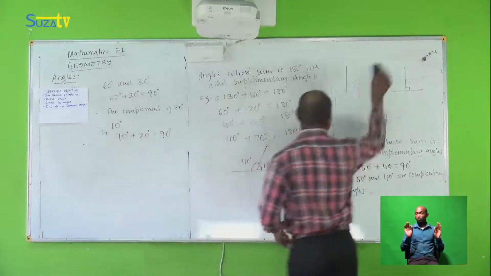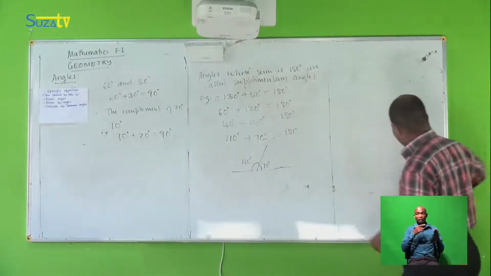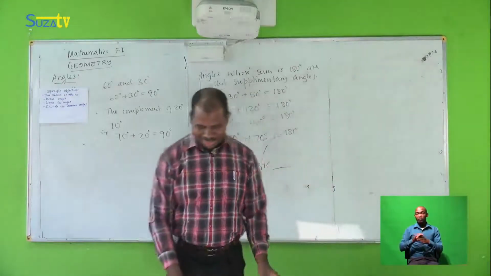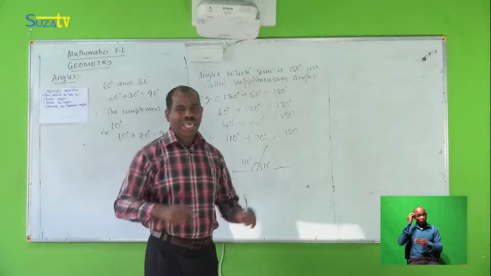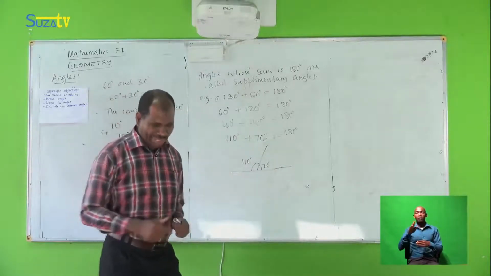Good. So now let us see examples, and we can use the concept of supplementary angles, complementary angles, and the full turn to find unknowns in the diagram.